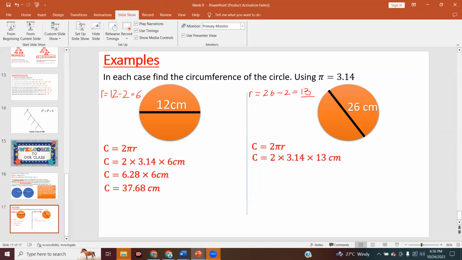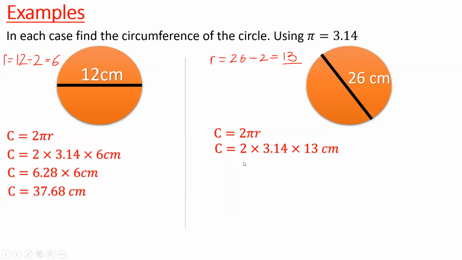Next, we have 2 times 3.14 times 13. What do we do at this point? Multiply, very good. So we have to multiply 2 times 3.14. For those who think they know how to get the answer, you can put the final answer in the chat.